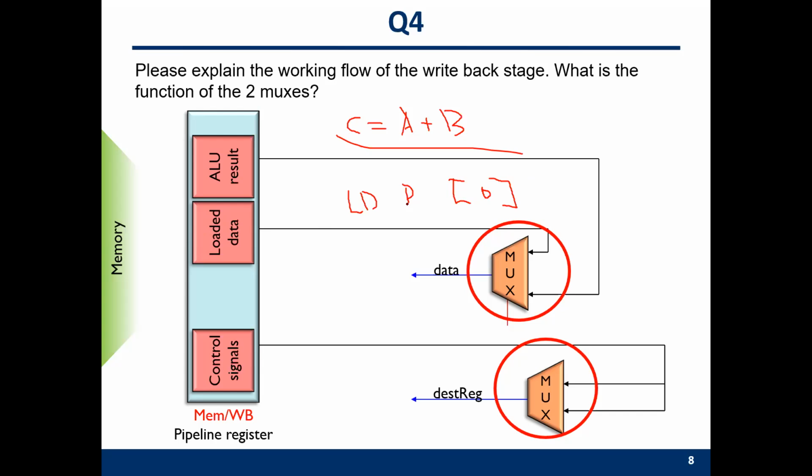The value of this part, the value at this address, is actually read from memory. And we need a mask to select between the value of these and this one, the sum of this one and this one. We need a mask to do the selection. Control bits are just the destination register and write enable.